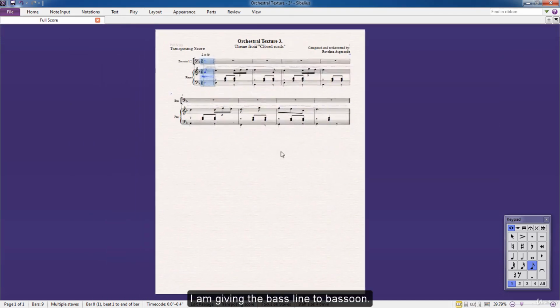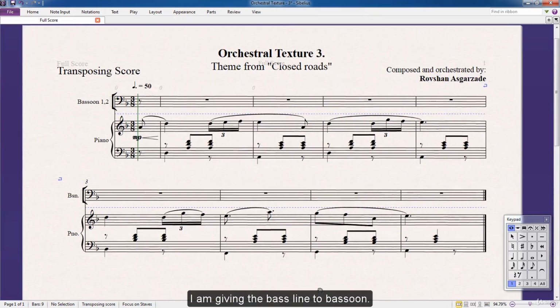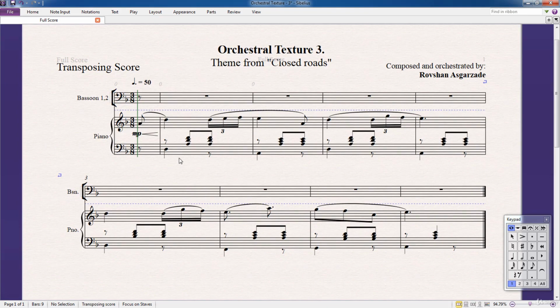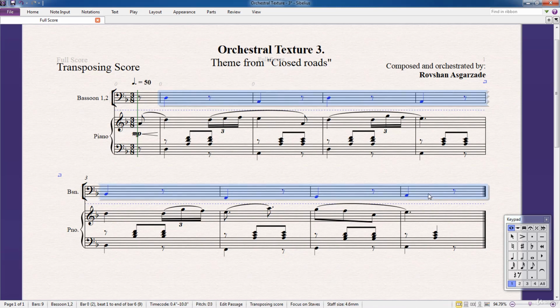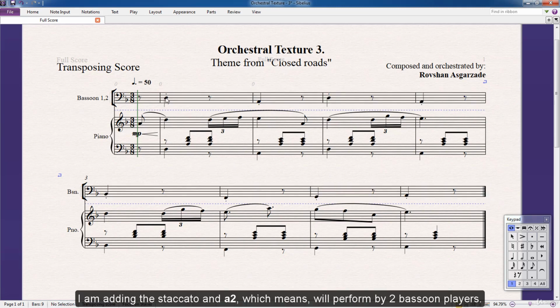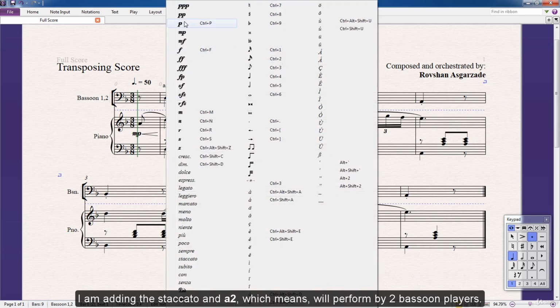I'm giving the bass line to bassoon. I'm adding the staccato and A2, which means it will be performed by 2 bassoon players.